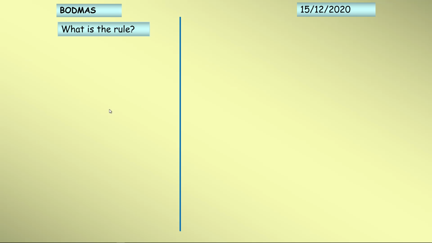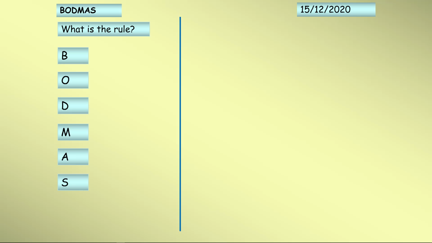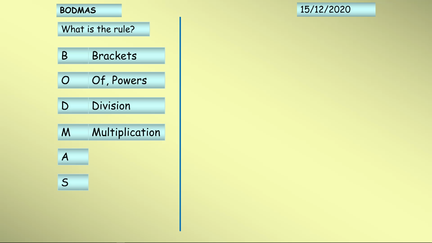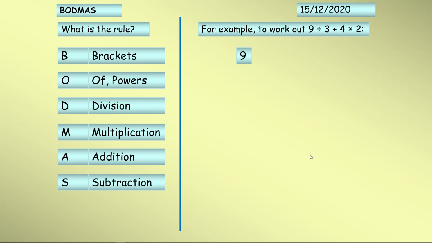Okay, so I want you to make some notes in your book. We've got our BODMAS, brackets, of, division, multiplication, addition and subtraction, and our worked example there. So let me just write this out for you. 9, we did the division first. This is 9 divided by 3.